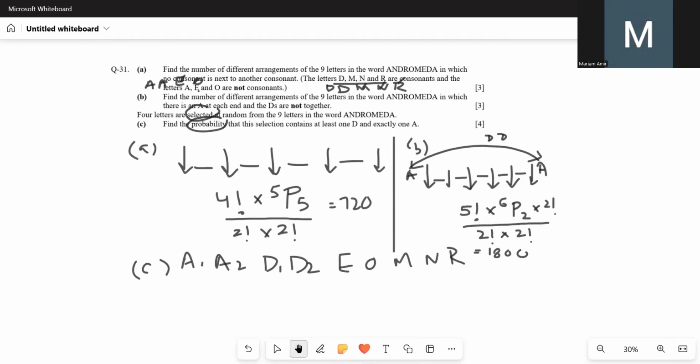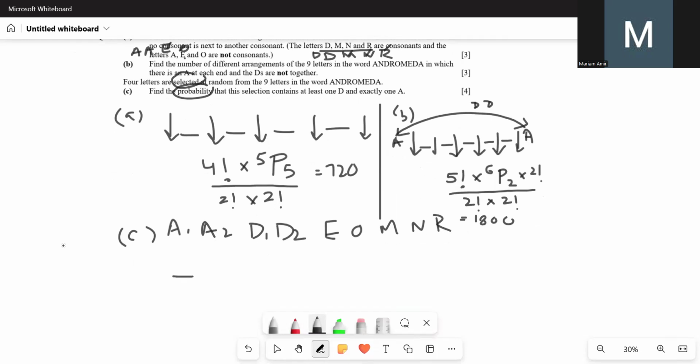Now we need to select 4 alphabets such that there is at least one D, so one D needs to be there, and exactly one A. So we could have D, A, and some other 2 alphabets, or D, D, A, and some other alphabet.